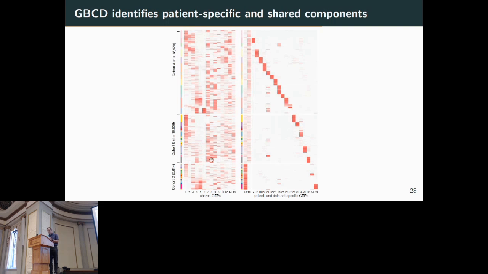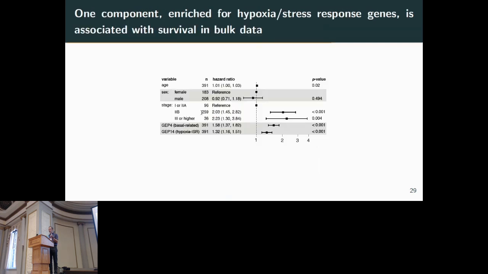One of the most interesting is a stress-induced pathway. One of these programs ends up being dominated by genes related to hypoxia and stress response. And it turns out that pathway, this 14 one, also has genes that seem to be associated with survival in a bulk data study.